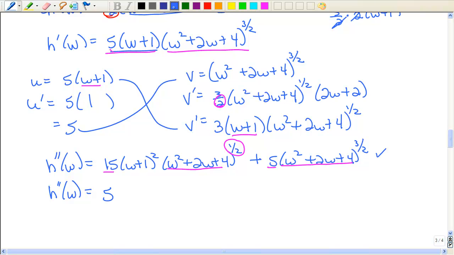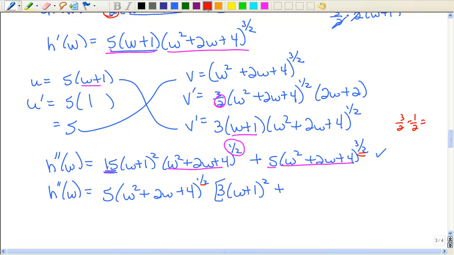So I'm going to take out a 5. I'm going to take this out to the 1/2 power. What would be left is, of course, w plus 1 squared, times 3, because I need a 15, plus the 5 would go, but now, if I took out a half and I have a 3/2, you would subtract the exponents, 3 halves minus 1 half is 2 halves, which is 1.